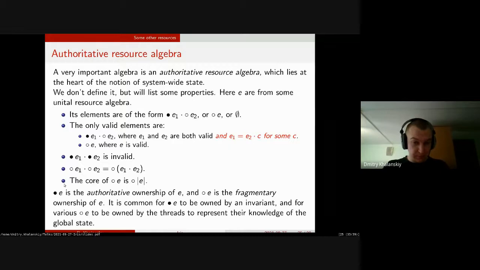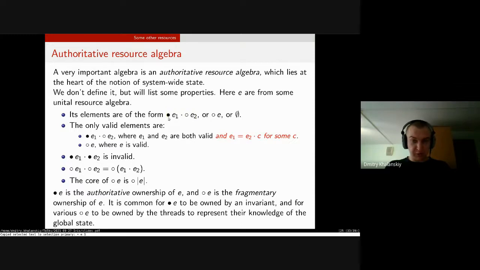Okay. There are two types of elements of the authoritative resource algebra. One type is written with a black circle, and another one is written with a white circle. The black circle one is called the authoritative ownership of the resource. And the white circle one is called the fragmentary ownership of that resource.